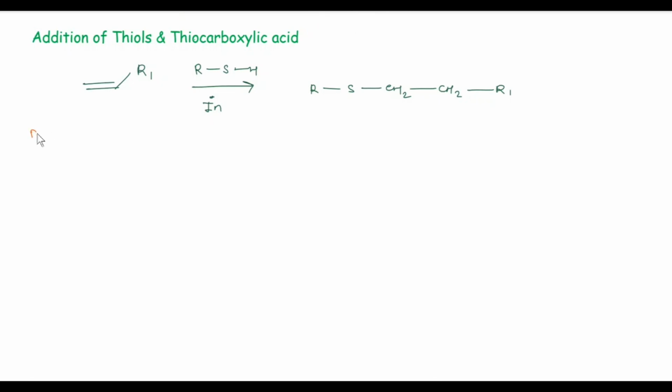So in the first step, this initiator abstracts this hydrogen radical, this bond opens on sulfur and formation of thioxy radical takes place.